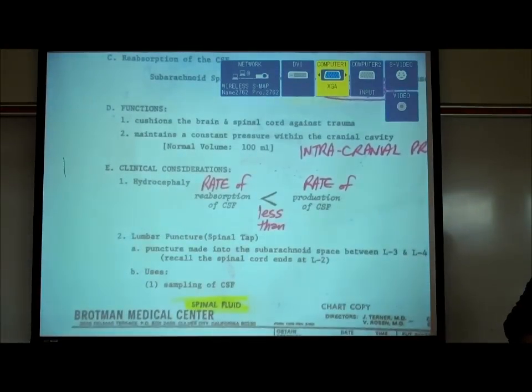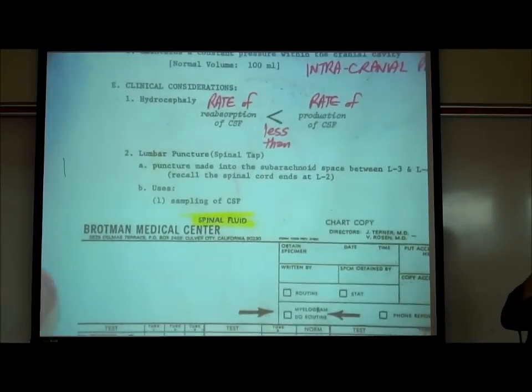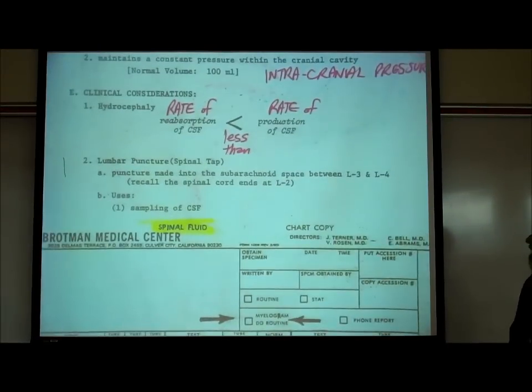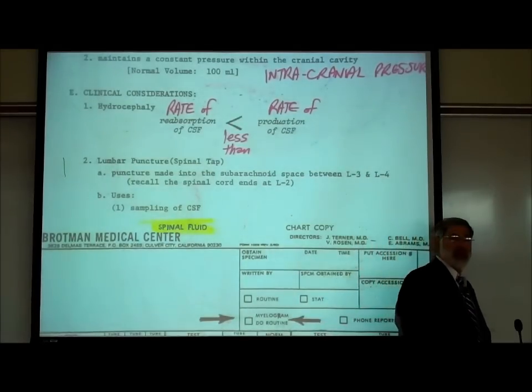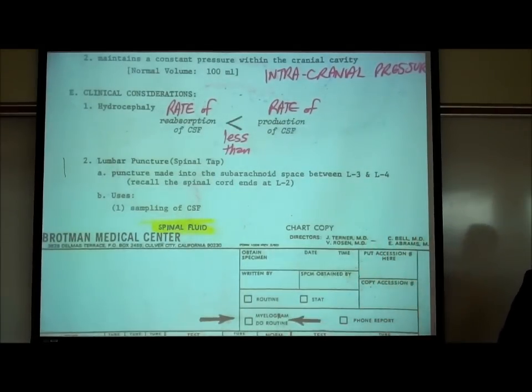All right, so we've been talking about cerebrospinal fluid and how it circulates, a lumbar puncture or spinal tap. We spoke about this last week. We said that sometimes they want to diagnose spinal meningitis.